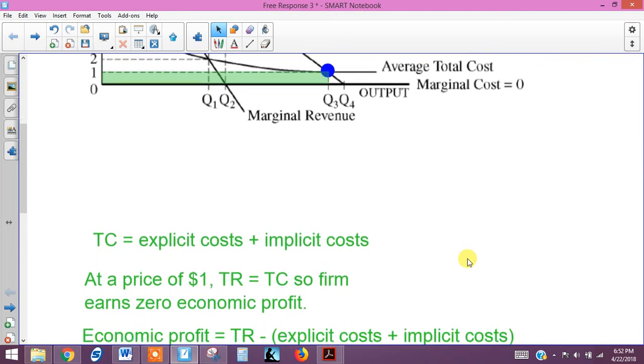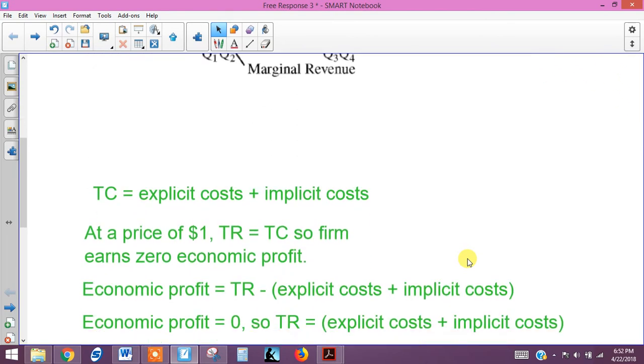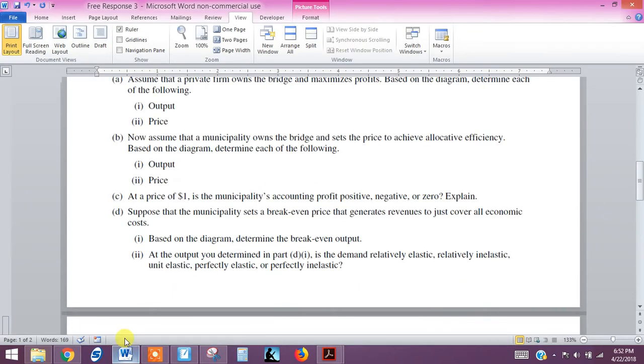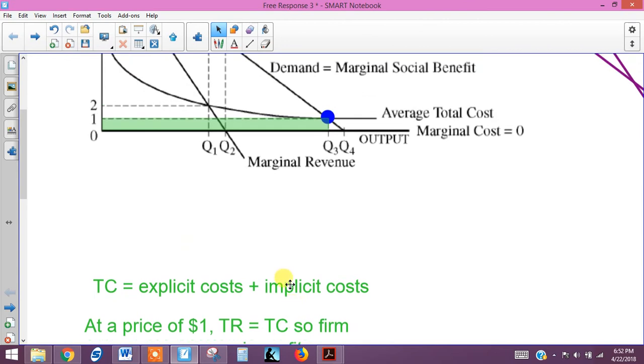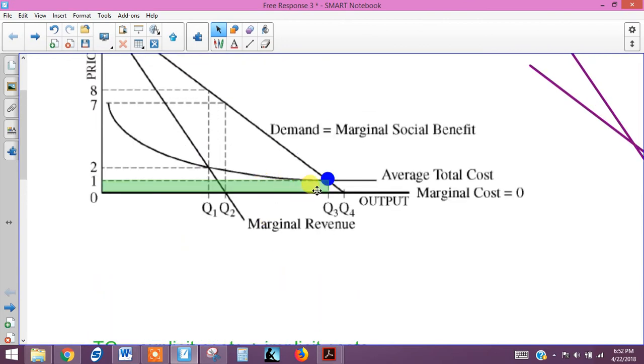Okay, but the question is asking about accounting profit. You should know, without thinking a whole lot about this, that if the firm is making 0 economic profit, they're going to have to be making some positive accounting profit.